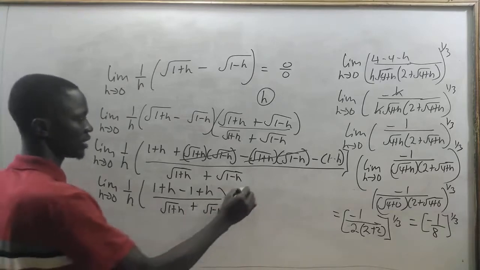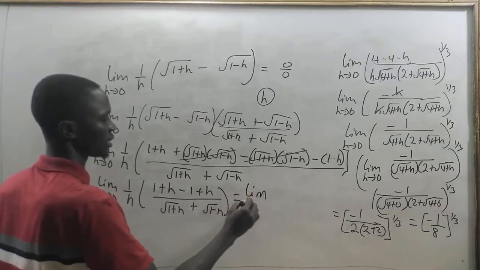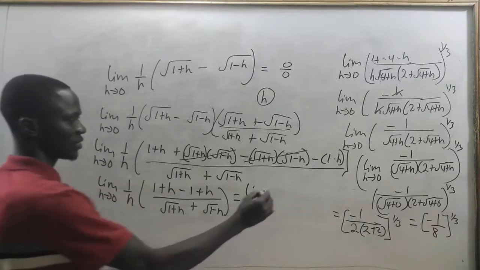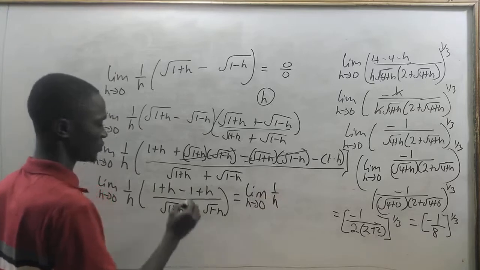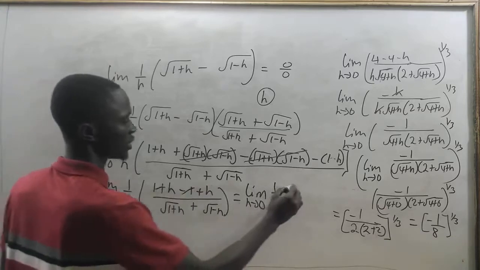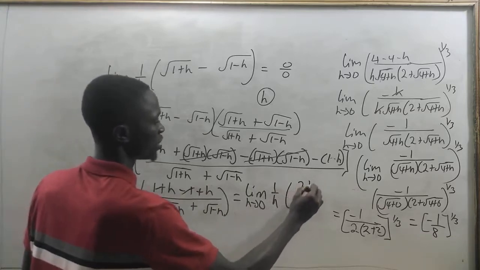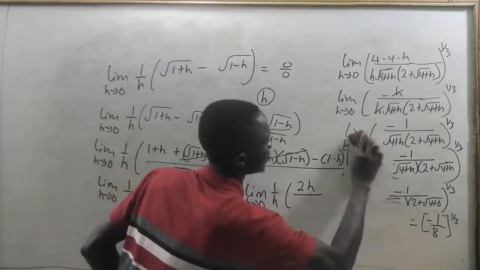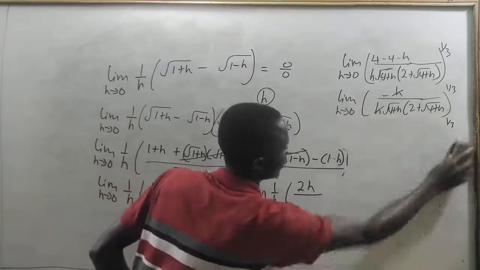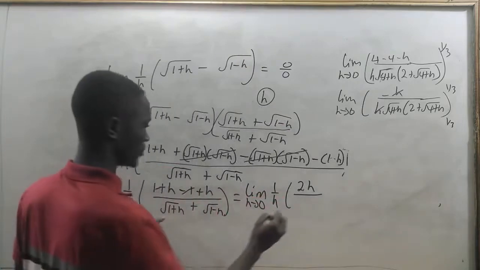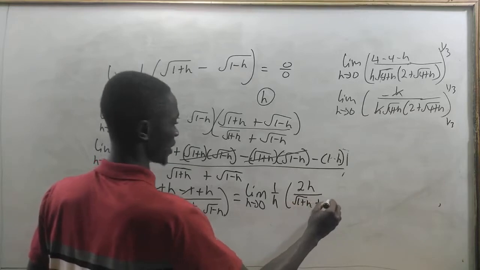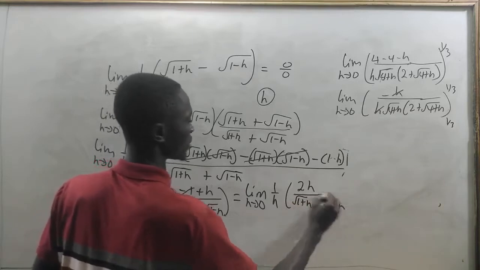So this will give us the limit as h approaches 0, very simple as that, of 1 divided by h. This will cancel this. Then we have 2h all divided by the square root of 1 plus h plus the square root of 1 minus h.